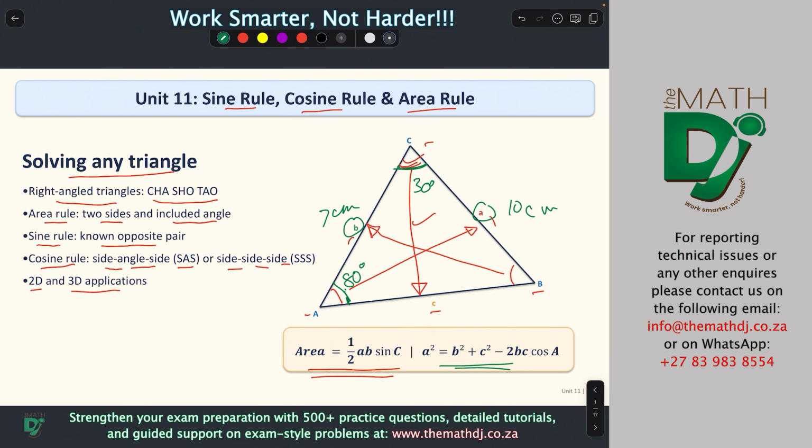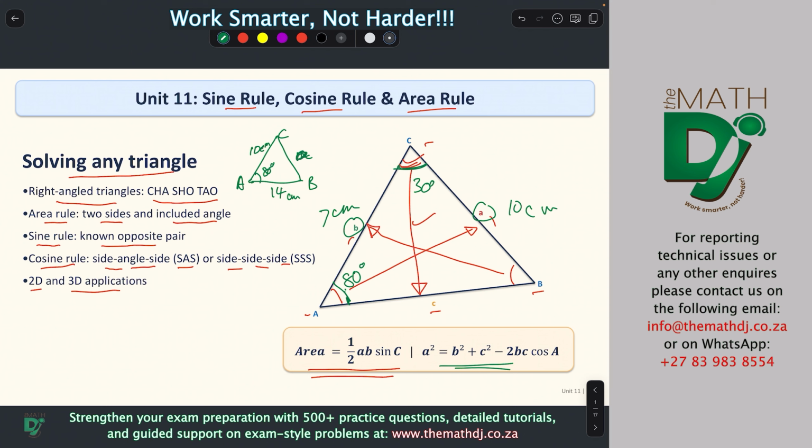So if you've got a triangle like this, A, B, and C, and you know that this angle is 80 degrees. You're given your B, let's call it 10, and your C, let's call it 14 centimeters. Your A is unknown, we don't know it.